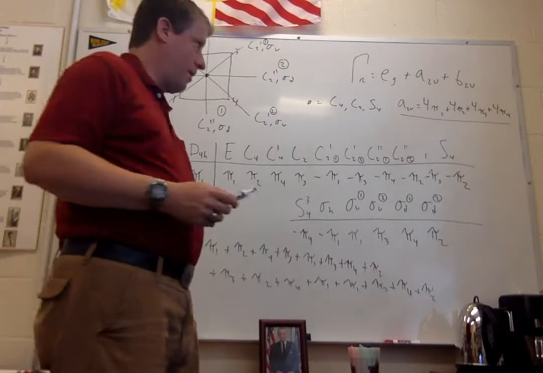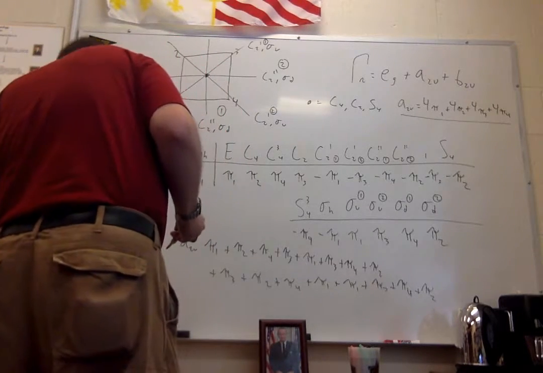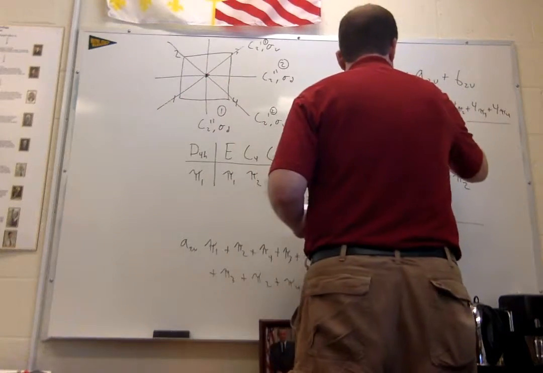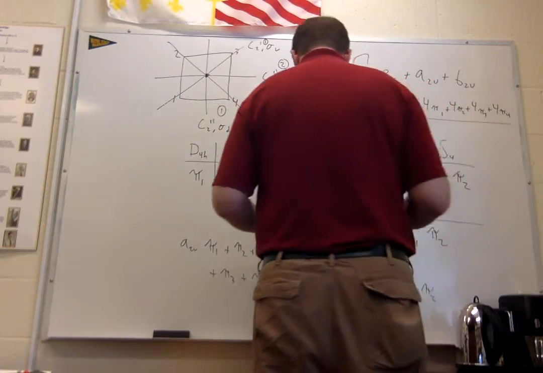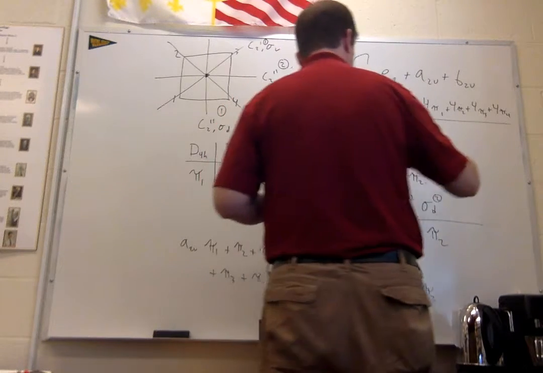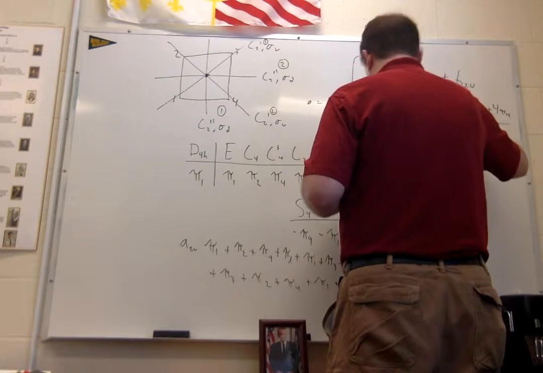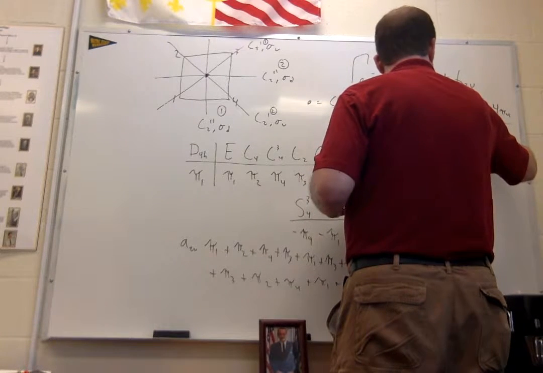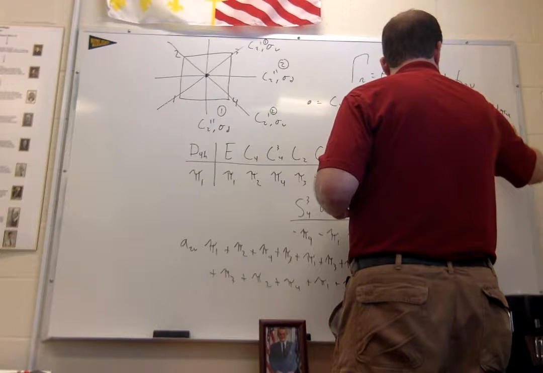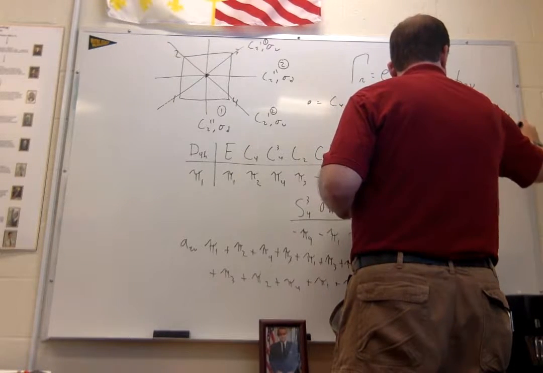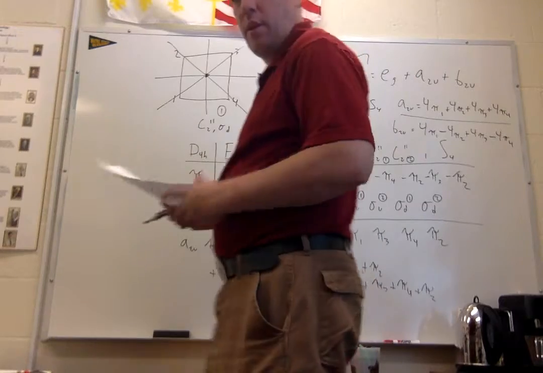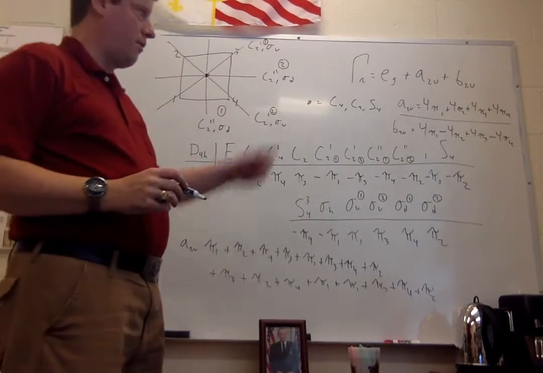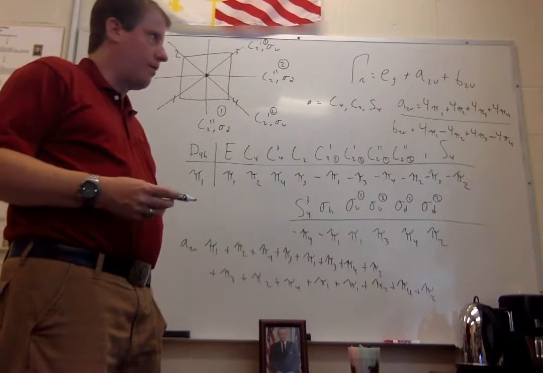If you do the exact same exercise for B2U, what you find is you get 4 pi 1 minus 4 pi 2 plus 4 pi 3 minus 4 pi 4. So very much like the first one, except we have negative signs.